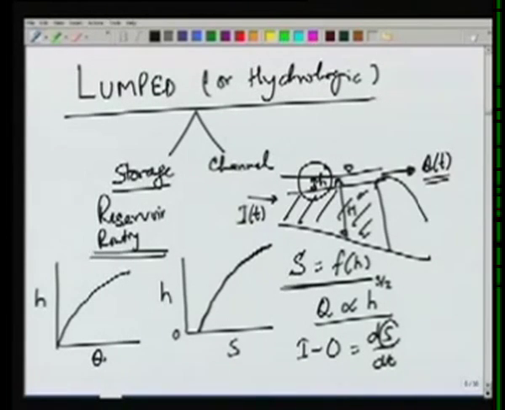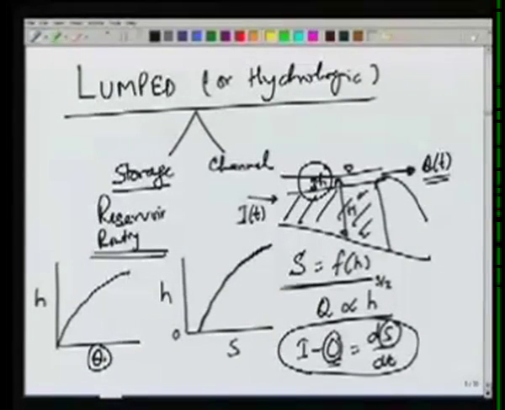This S will also be a function of H, and O, which we have denoted by Q here, will also be a function of H. So what we need to do is to solve this equation and see how outflow is changing with time.